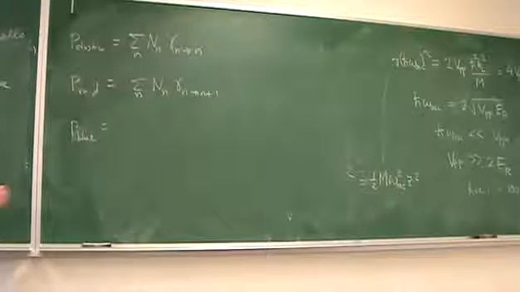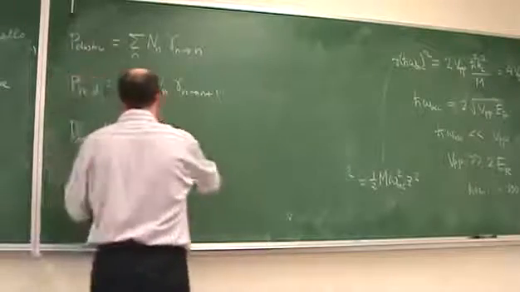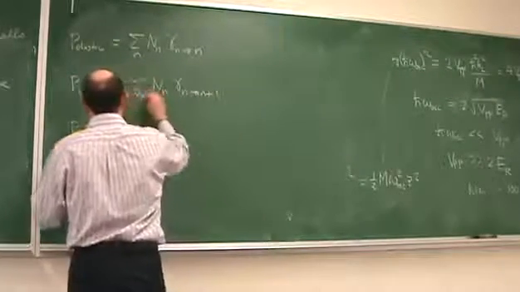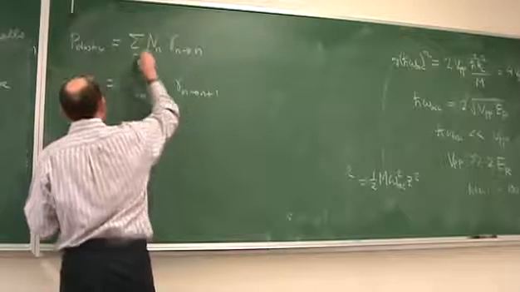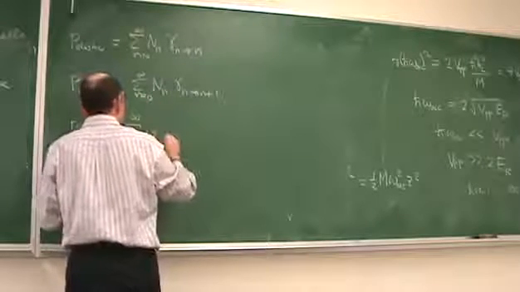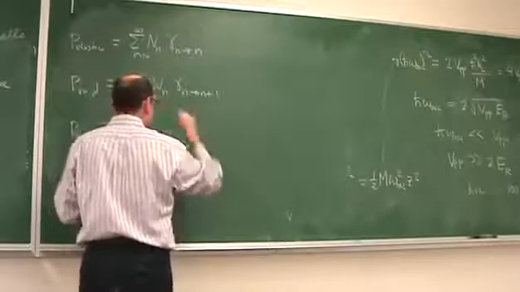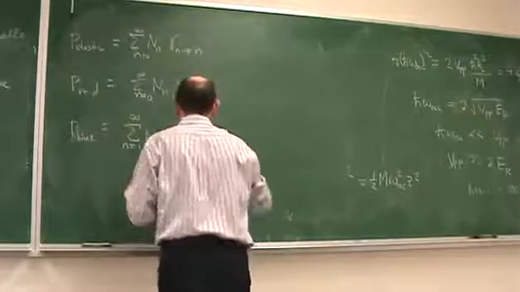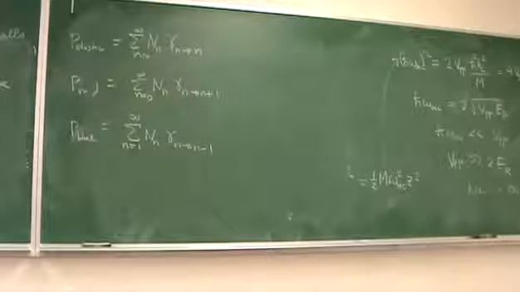And if I go down a level, and this starts at 0, but this starts at 1, then I emit something that's bluer, right?